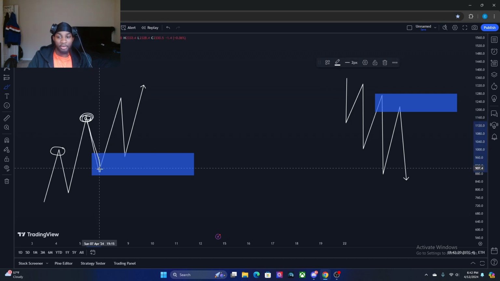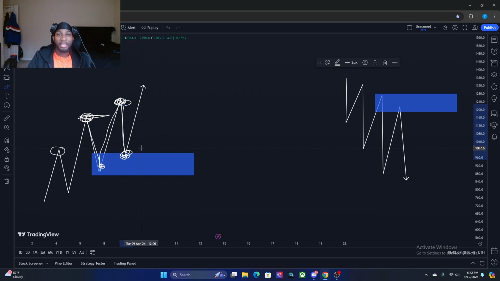We came down, and now you wait for a break of structure. Now we're getting that break of structure. We broke this high and we have a new break of structure. We then pull back into this zone. That is your entry zone. That is your demand. You're starting to take buys out of here and putting your stop loss either under here or under here.